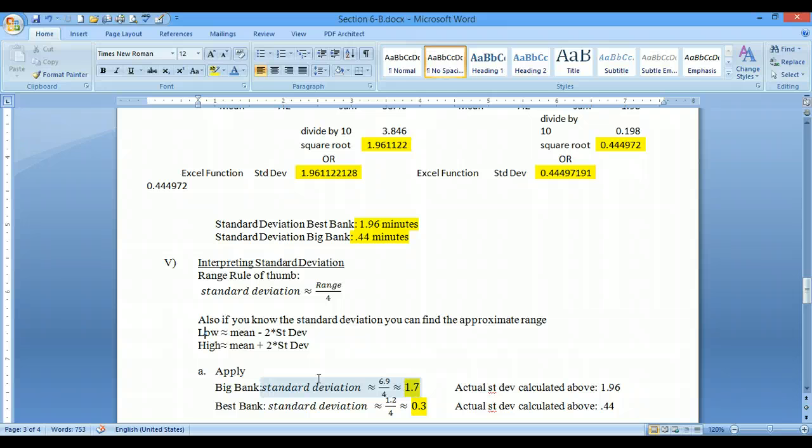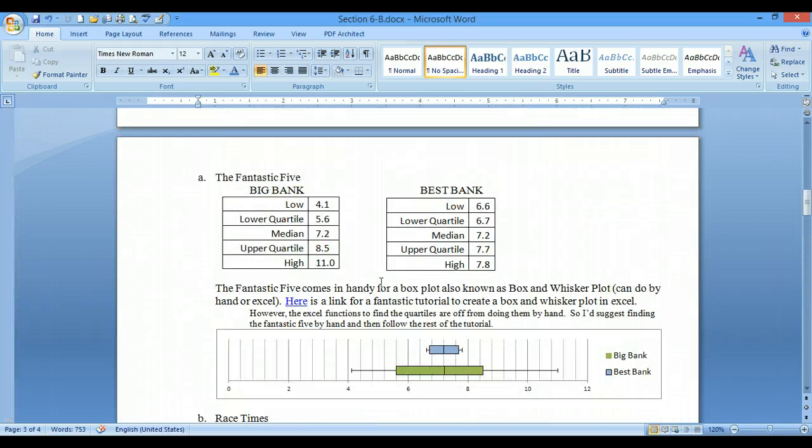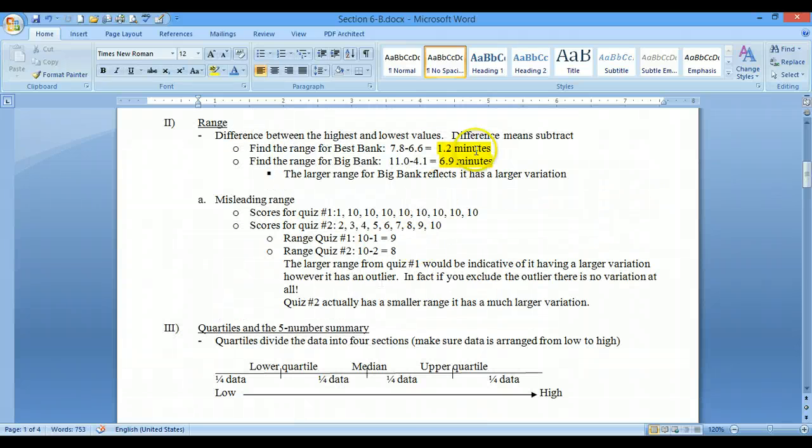All right, so let's work backwards, because now I know the range. We calculated that in Roman numeral 2, 6.9 and 1.2.